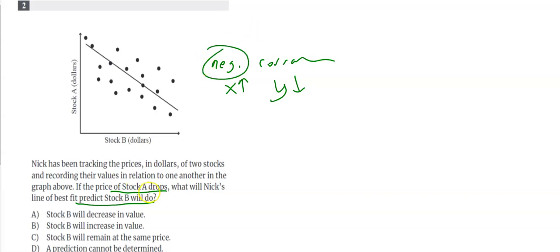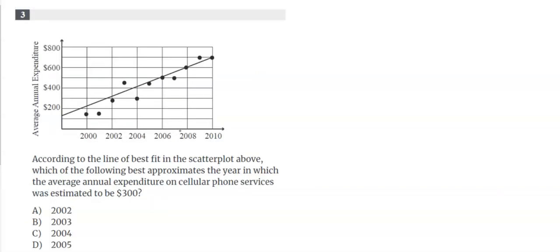So if price A drops, price B will increase. So stock B will increase. What that means is stock A has dropped, so this is a very low value for stock A, but it's a very high value for stock B. They tend to be going in different directions there.